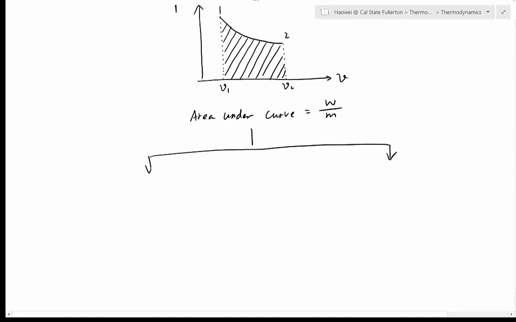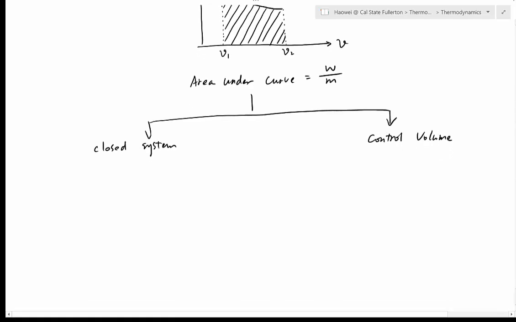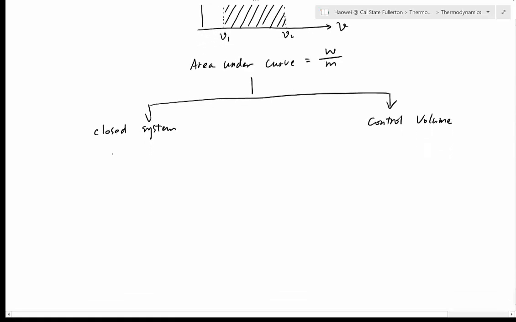The first case is if you have a closed system. The second case is when you have a control volume. For a closed system, such as a piston cylinder assembly, no inlet, no outlet, no mass transfer at all, you only have one work.